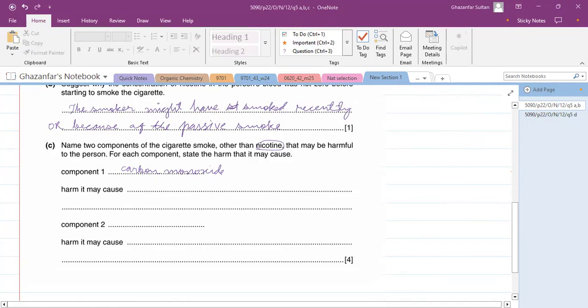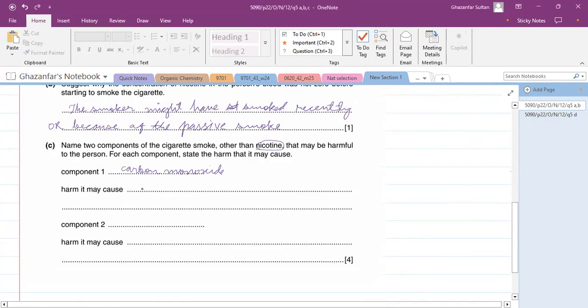Why is it harmful? Actually, you will study that in detail in A level, that it has a deteriorating effect on the electron transport chain in respiration. Okay, but in O level, because we have not learned about the electron transport chain, we can discuss it in simple ways.